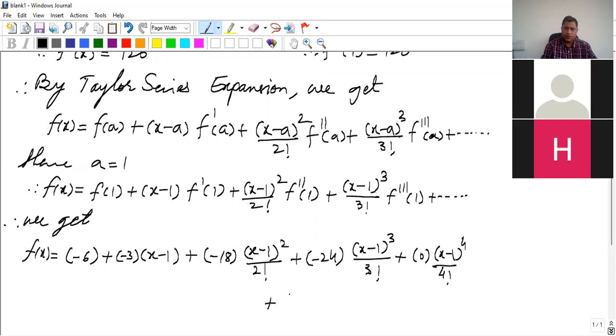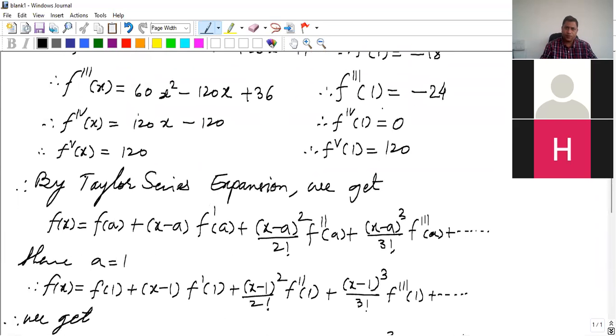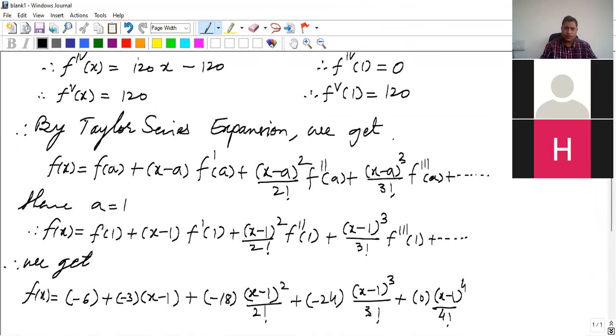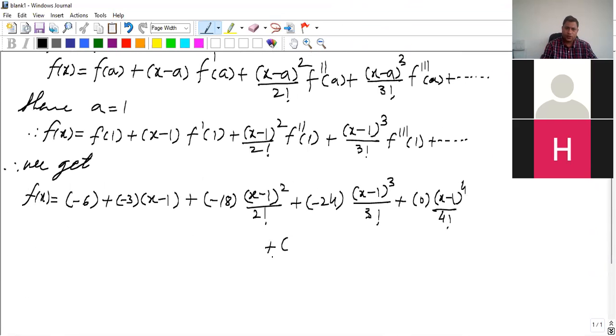Plus you will have the term 120, times (x minus 1) bracket raised to 5 by 5 factorial. All the next terms are going to be 0, so we don't write them.